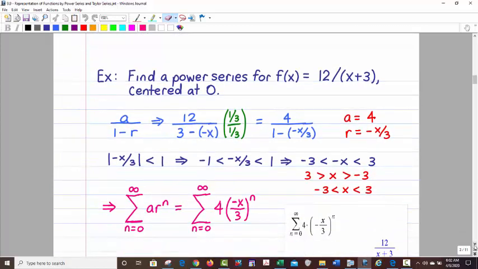So let's try another example where it's centered at 0. It's 12 over x plus 3, but it's centered at 0. So we don't have an x plus something like we did last time when we had the x plus 1, we just have x itself. This is a little tricky because we're modeling this over the a over 1 minus r.